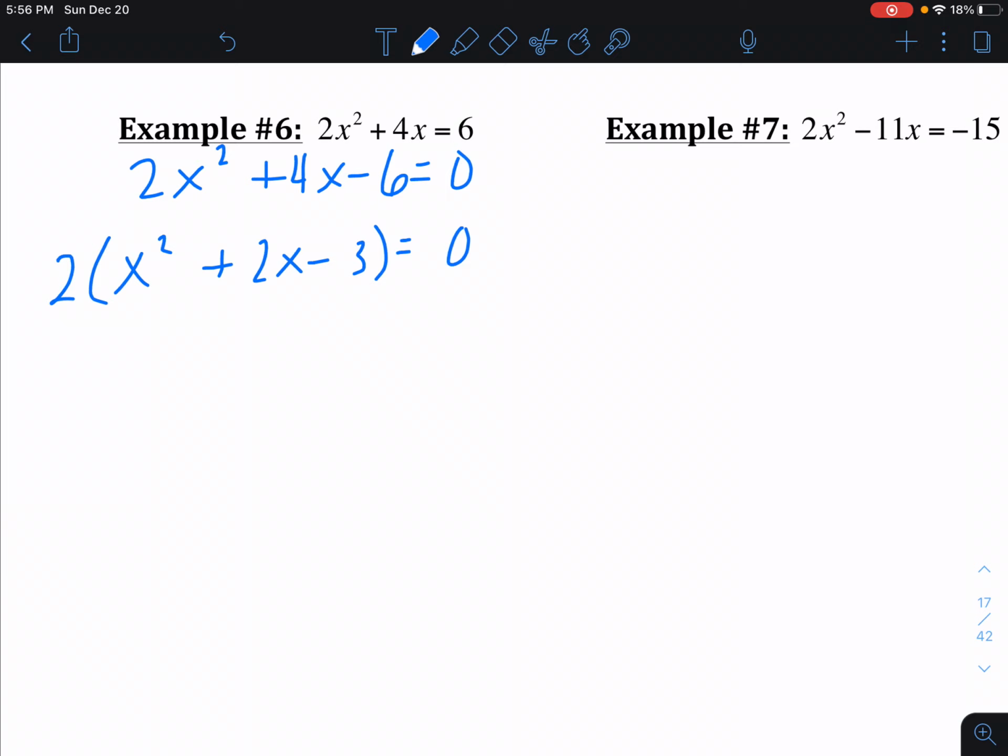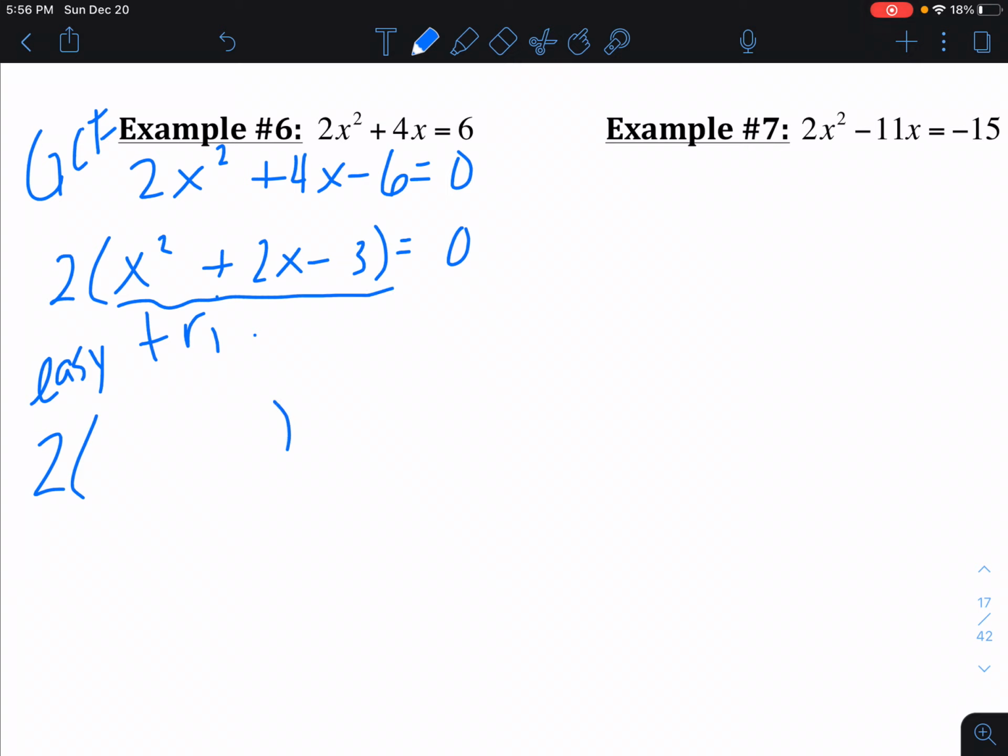So now, let me make a note that I did GCF first, but I do also have an easy trinomial here in the parentheses. Okay, so bring down your 2, and then your trinomial here is going to be split into 2 parentheses.